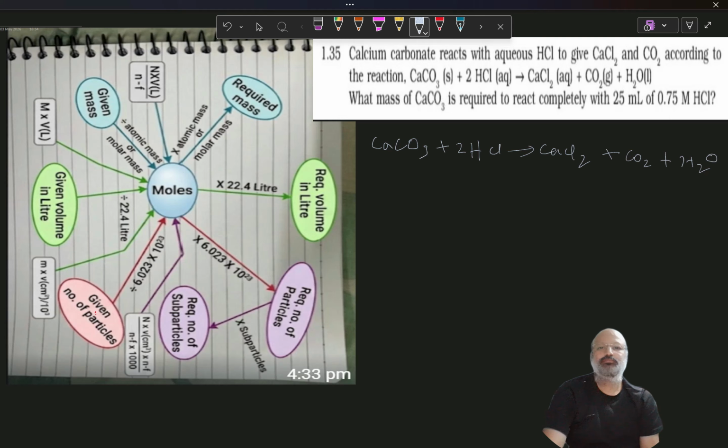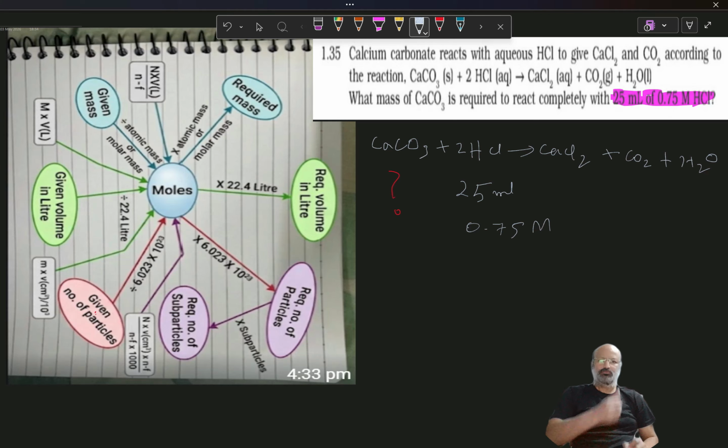Okay. Now they want to know how much calcium carbonate will be required. So I'll put a question mark here. And the data given is on HCl, which is the quantity of HCl given. So if I write down the data of HCl, first of all, 25 ml, and molarity they have given, that is 0.75 molar.